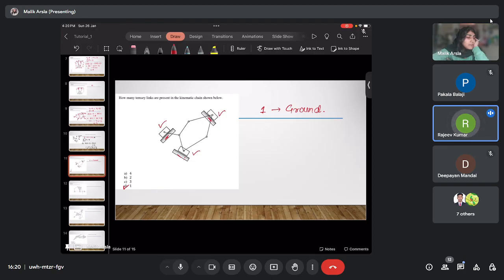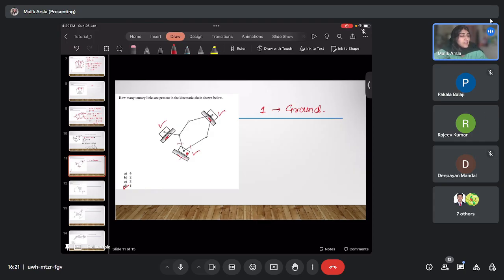This one is an individual body, this one is an individual body, but ground is one single body. But their question, which I also get, is that this slider is one link, right? But this link is again connected to three links: this link, this link, and the ground.